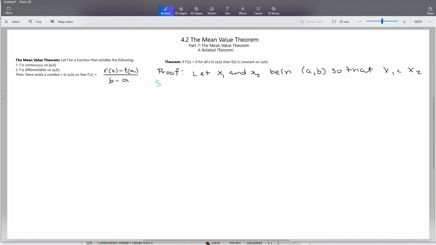So since f prime of x is 0 on AB, we know that f prime of x exists on AB.